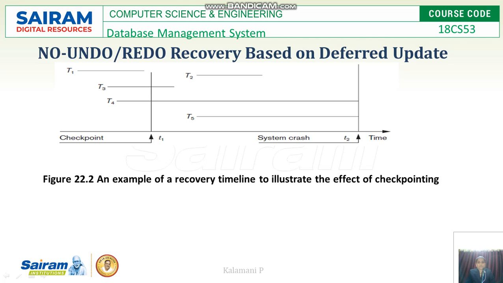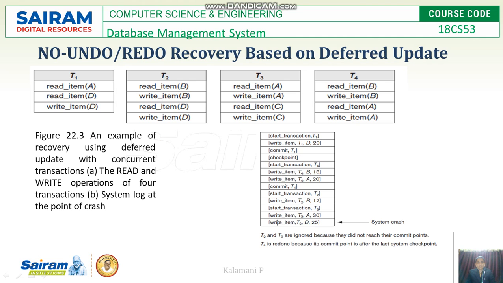T3 and T2 have committed before the system crash, so the redo operation is required for them. But T4 and T5 are not committed before the system crash. So these two operations should be cancelled and the complete operation should be done again. This is the no undo redo recovery based on the deferred update operation.